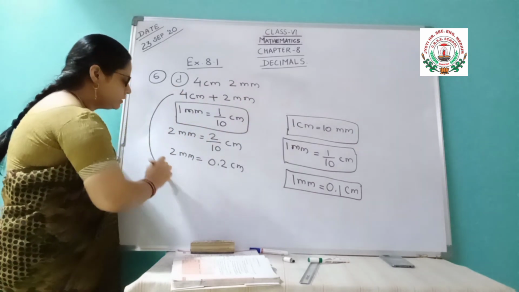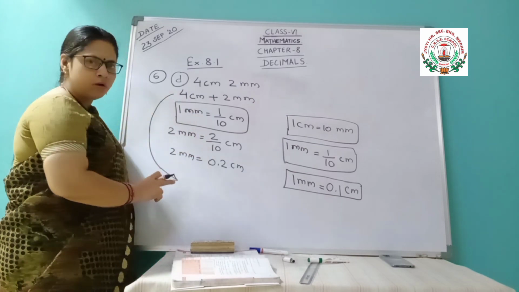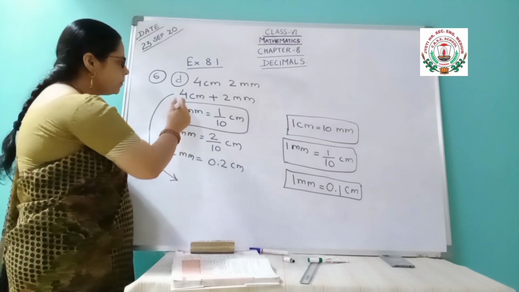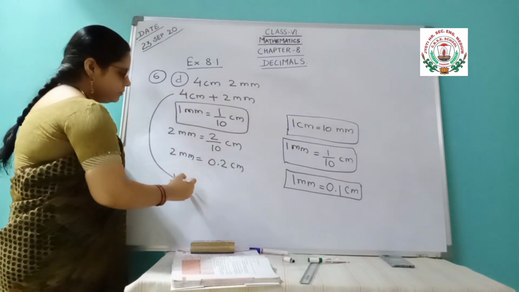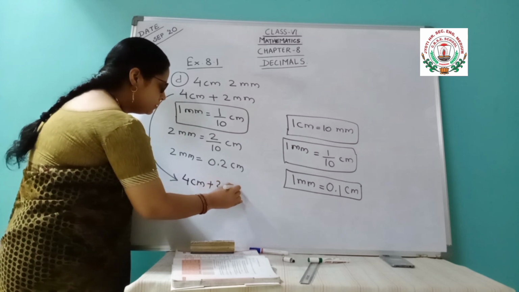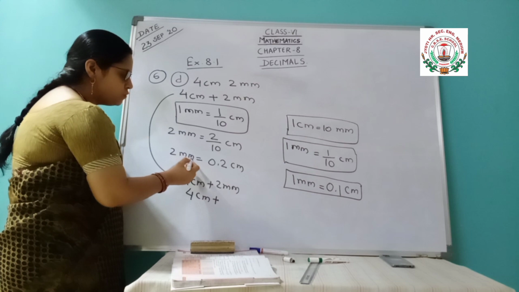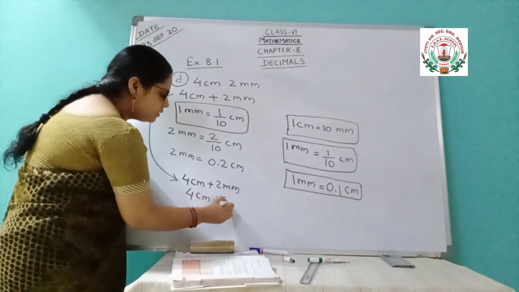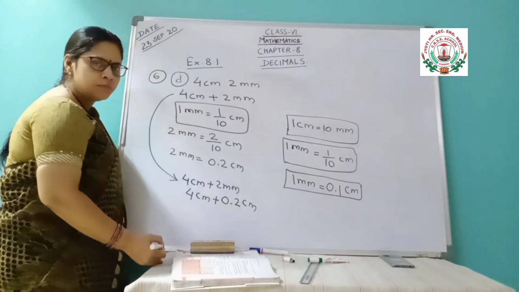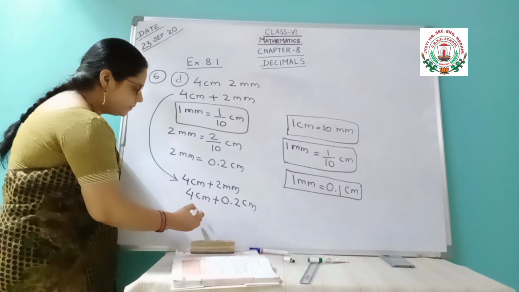When you note down in your copy, you do not need to make this arrow marking; this is just for explanation. Now for this step you are writing 4 centimeter plus 0.2 centimeter. Now both units are similar, centimeter and centimeter, so these two can be added.